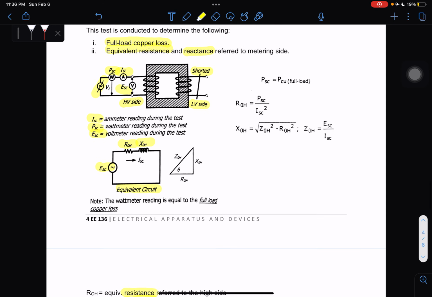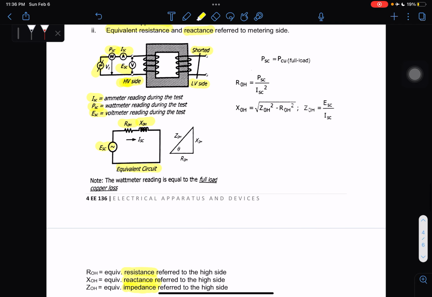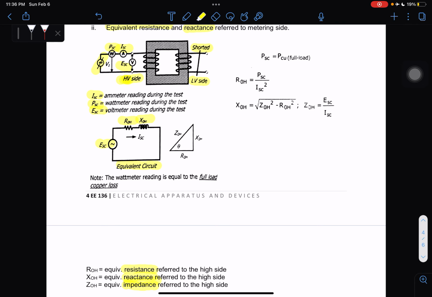The wattmeter reading is equal to the full load copper loss, so PSC is equal to the full load copper loss. Here is our power triangle, with ROH, XOH, and the impedance referred to the high side, and the angle theta.